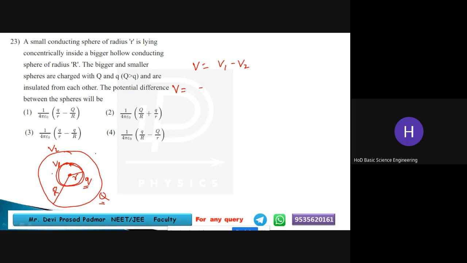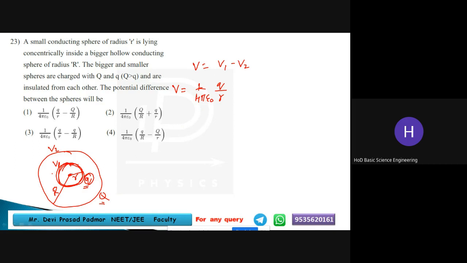First I will write the potential on this first surface due to its own charge. So what is that expression? That is 1 by 4 pi epsilon naught, q divided by r. So that is the potential on this inner surface due to its own charge q.